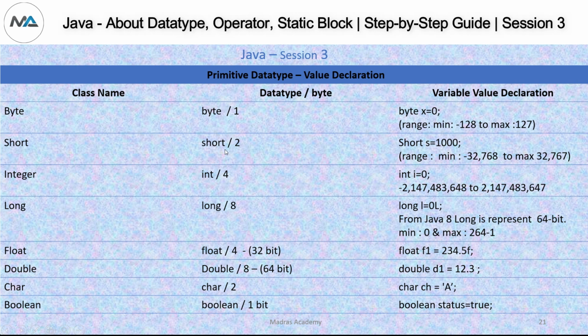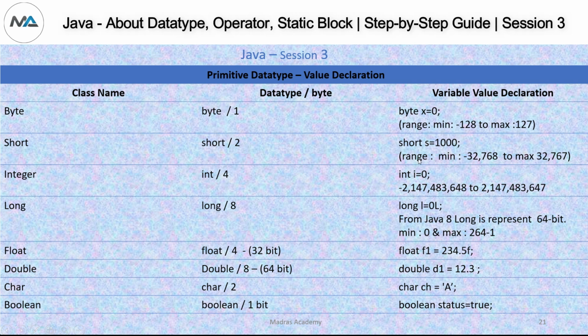And if it is short, we have 2 bytes. And how to declare it, here we need to write short s = 1000. Here we need to write it in lower case, not in upper case. Like this we have to declare the data type short. s = 1000, s is a variable.